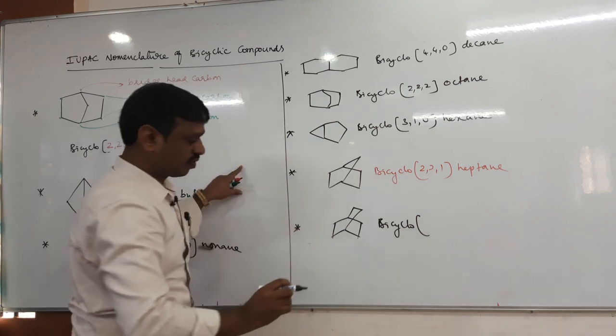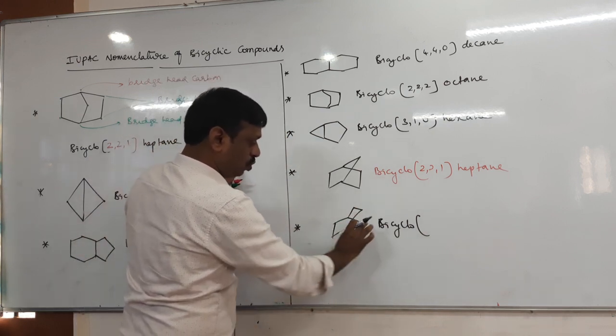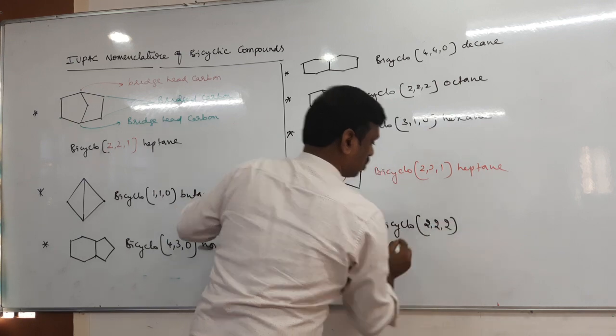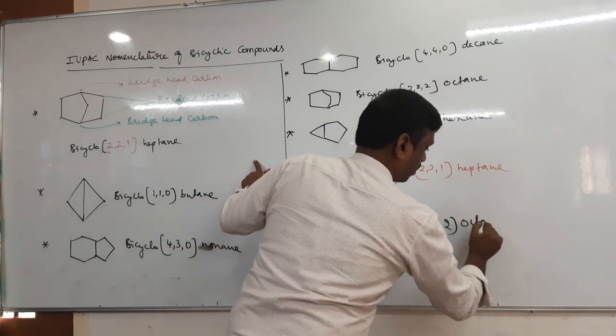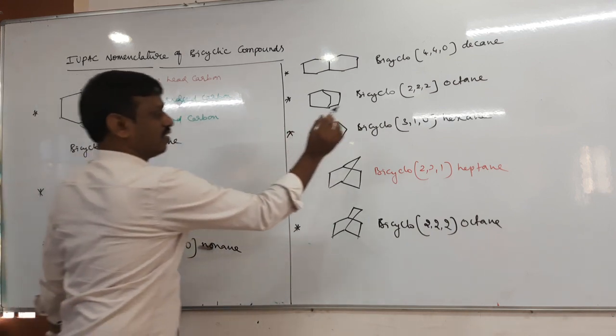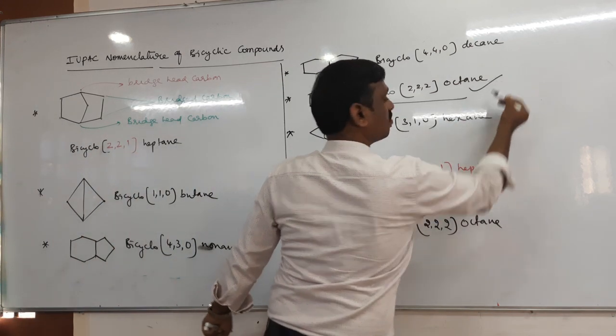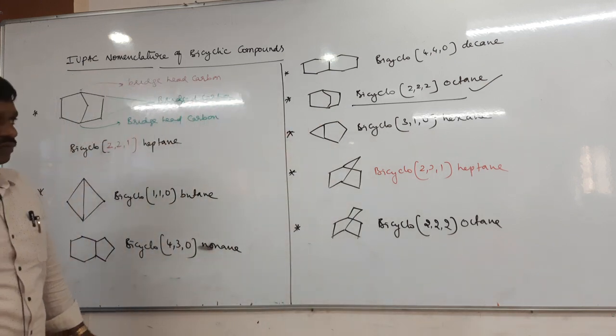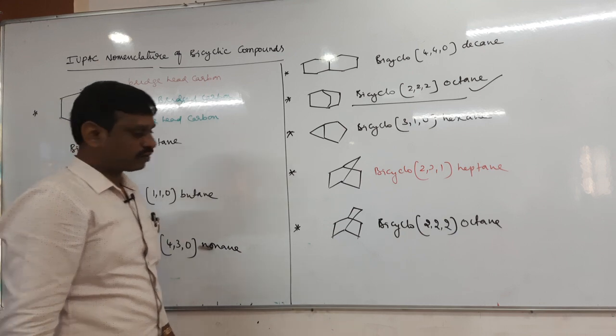Next, bicyclo. So 2, 2, 2. 2 comma 2 comma 2. Octane. See, both are the same. Right?